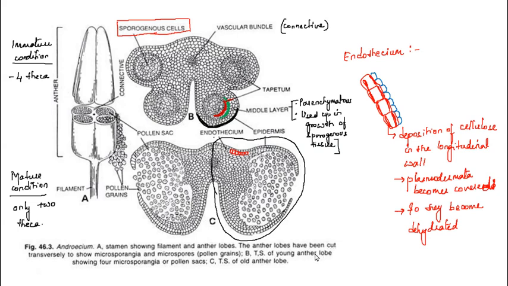Because when the callose wall is degraded, it helps in the release of microspores present in the tetrad. In the anther wall, on the longitudinal side, we will see that the callose is present. So dehiscence is from this wall. This line of dehiscence is known as the stomium.